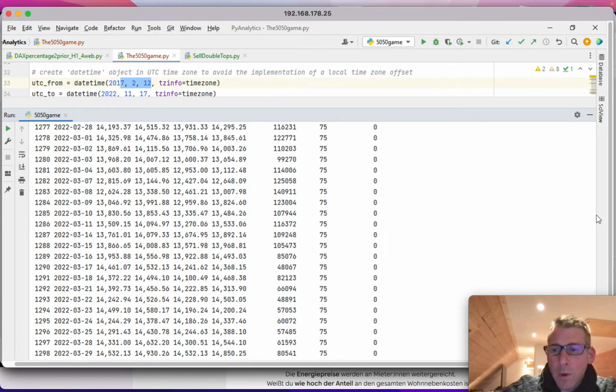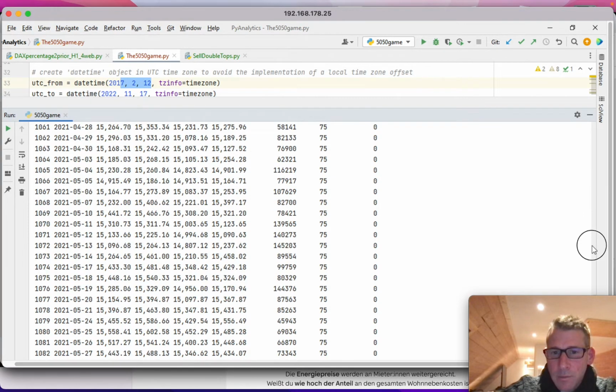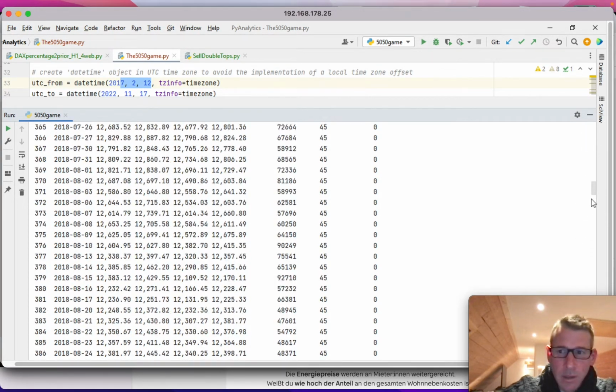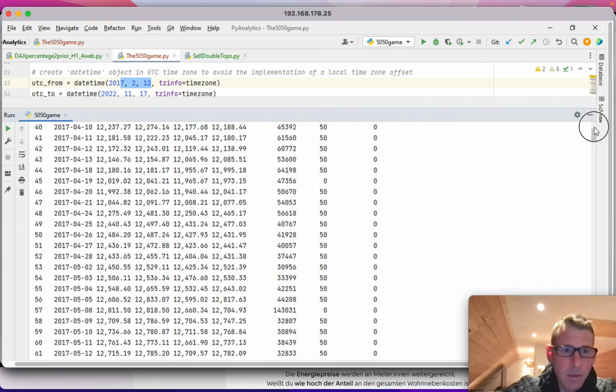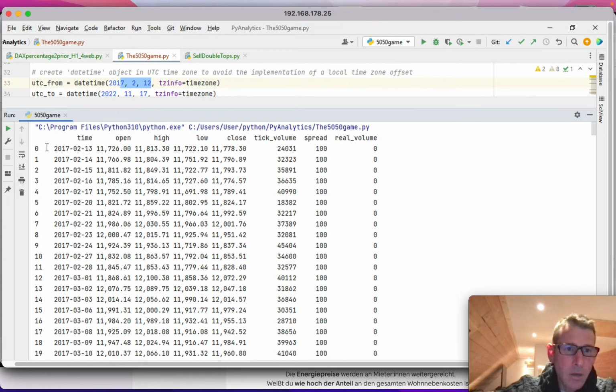To prove to you that I work with real data and that the data I'm receiving is correct, let's take a look at the first one, 13th February, and the open price is this one here, 11,726.